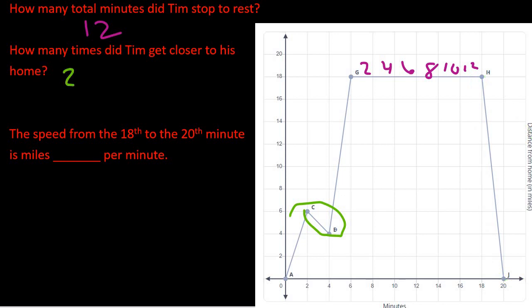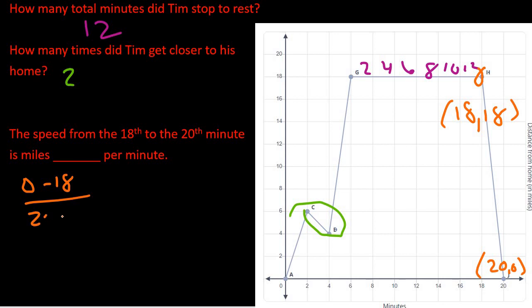And then the last question on here is, find the speed from the 18th through the 20th minute. So here is the point (18, 18). And down here is the point (20, 0). So if we use the slope, we would subtract the y, so 0 minus 18 over 20 minus 18. 0 minus 18 is negative 18, and 20 minus 18 is 2.